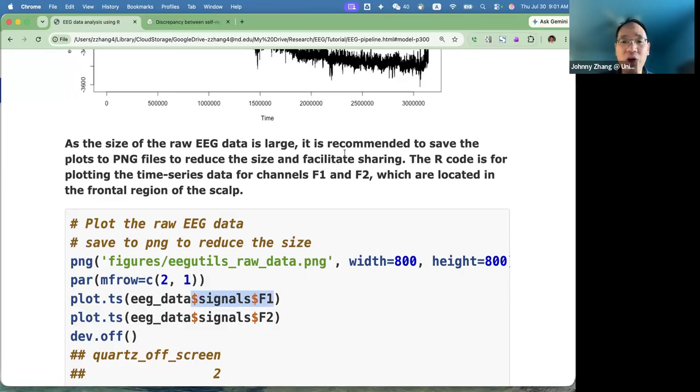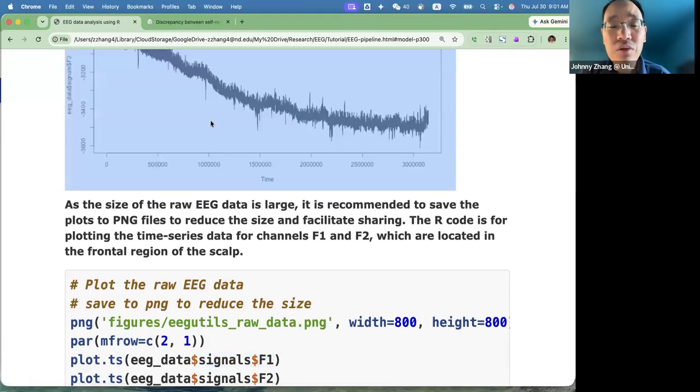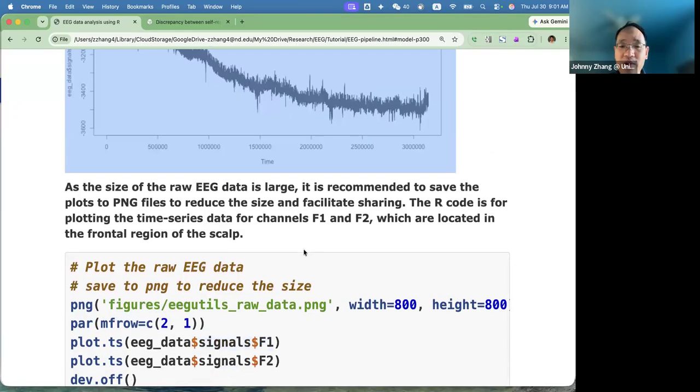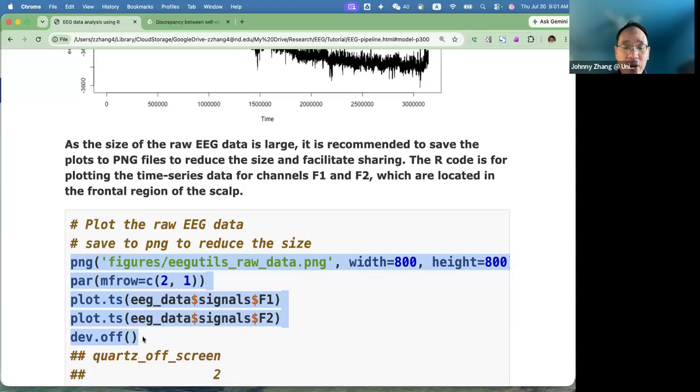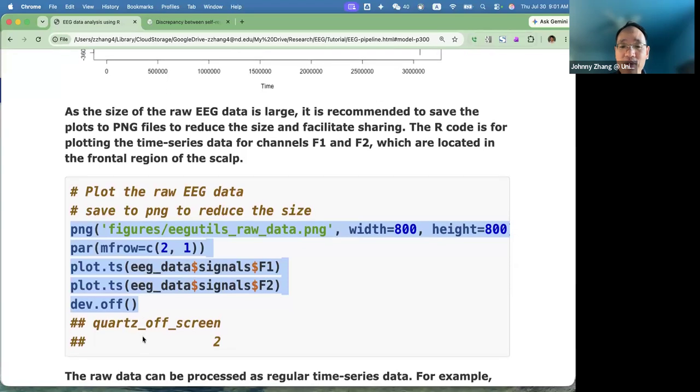Because we have a lot of data, if you directly generate plots within R, it will take a lot of memory and can be difficult to display. So oftentimes you can save the pictures as files directly onto your computer and then inspect them. This is what I did: I saved the plot as a PNG file and then opened it later.